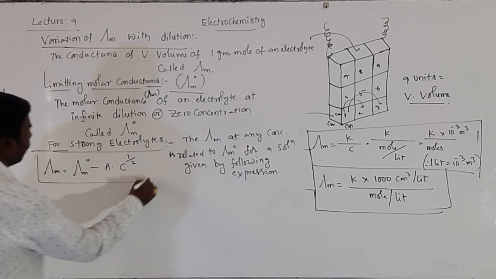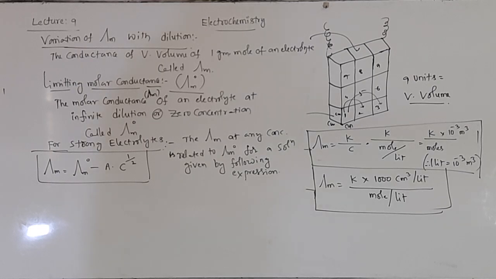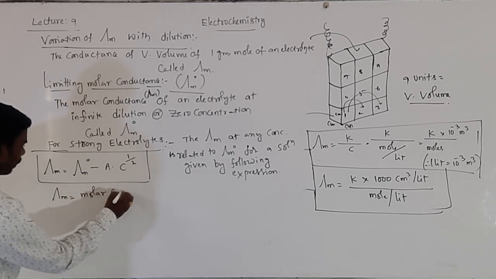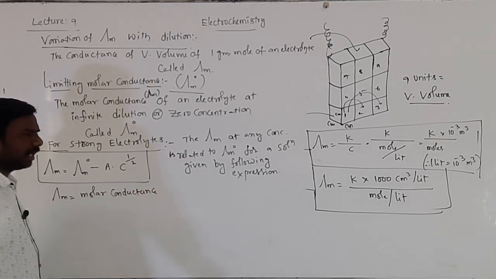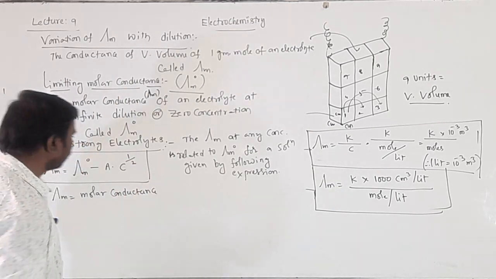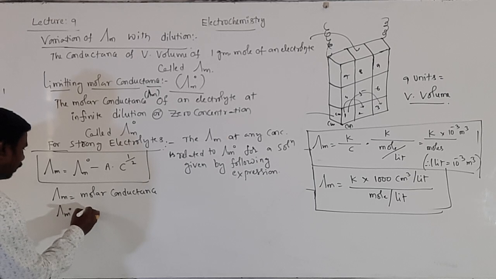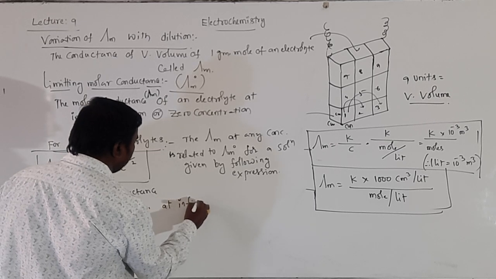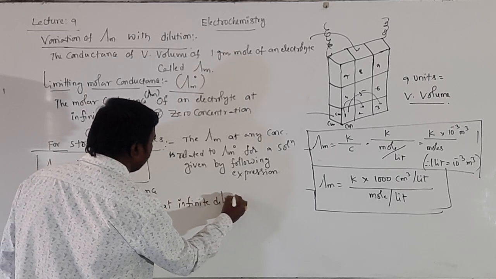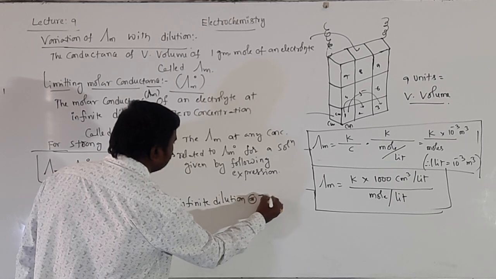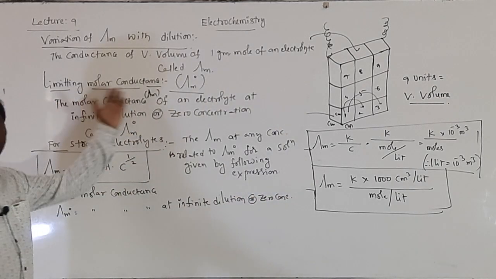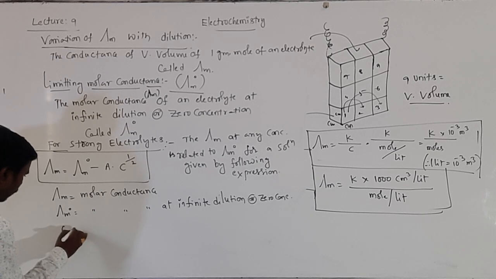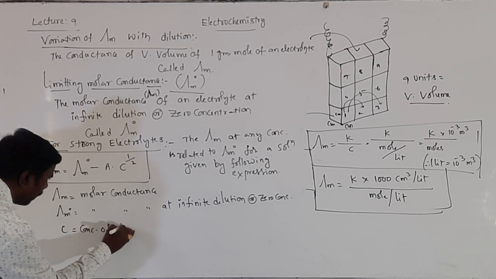Where lambda m equals molar conductance at a particular concentration, lambda m naught equals molar conductance at infinite dilution, also called 0 concentration, simply named the limiting molar conductance. C is called concentration of electrolyte solution.